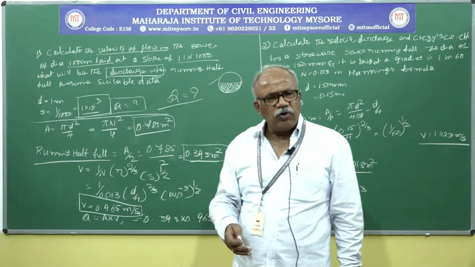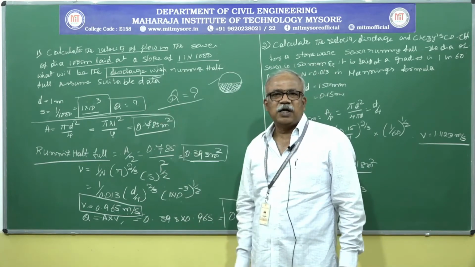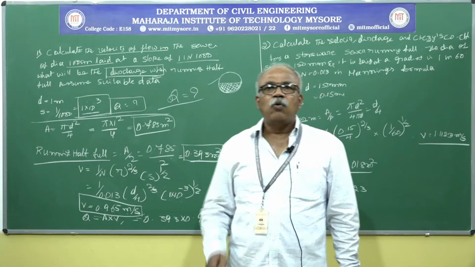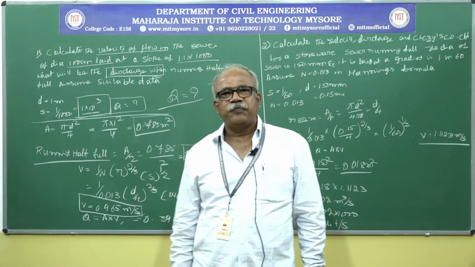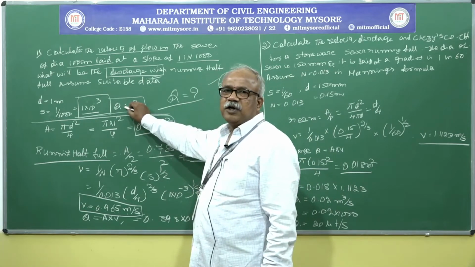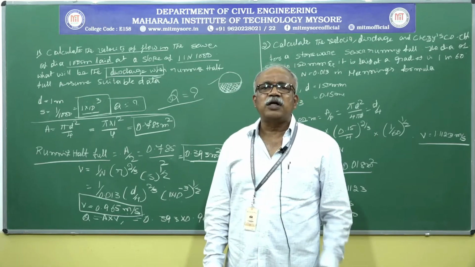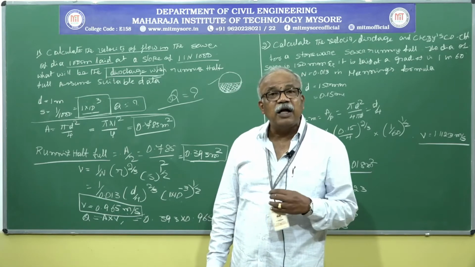So first you have to list out what all the data given in the problem, and according to the problem, what you want to calculate. Clear? That thing also you can write it like this. Finally, in the last class we discussed what are the equations available for calculating the velocity.